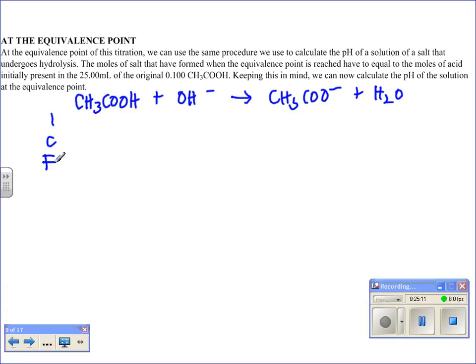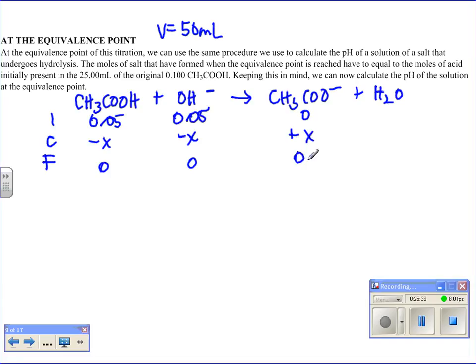This is the point where 25 milliliters of base has been added, so our total volume is 50 milliliters, and our concentrations are 0.05 and 0.05 respectively. In this case, there is no limiting reactant. They both go to 0. They're both consumed, but the acetate ion is still being produced.